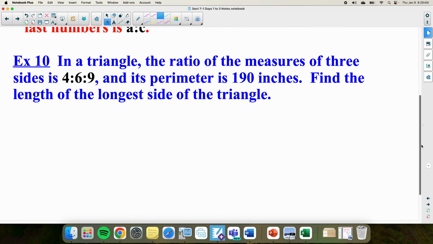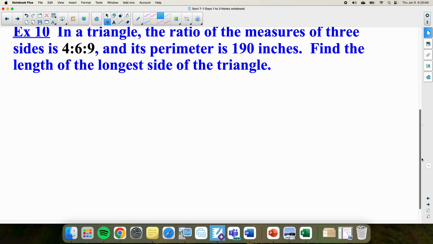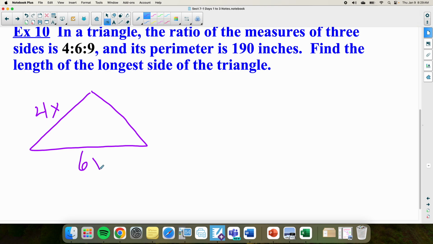So if we go down here, they say we have a triangle, okay? And it says the ratio of the measures of the three sides are 4:6:9. So what that means is you're gonna put 4x, 6x, and 9x, okay? The other thing they tell us in this problem is our perimeter is 190.